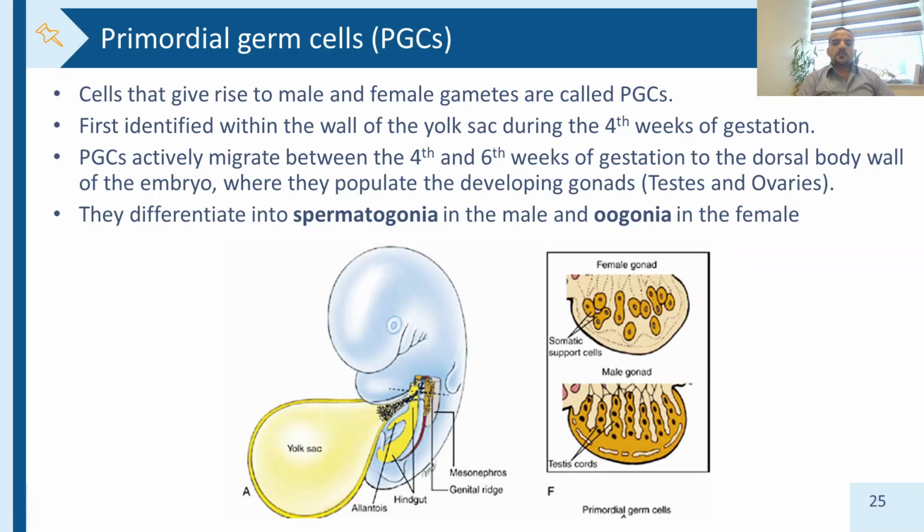If the embryo is female they will populate the future ovaries. Once they are in the gonad then the primordial germ cells they will differentiate into what we call spermatogonia. يعني من توصل للtestis we call them spermatogonia. من توصل للovaries then they are called oogonia.